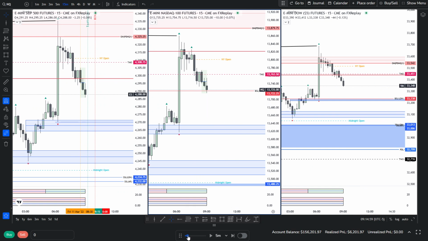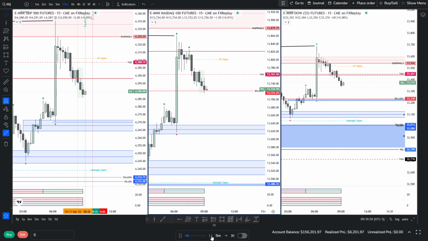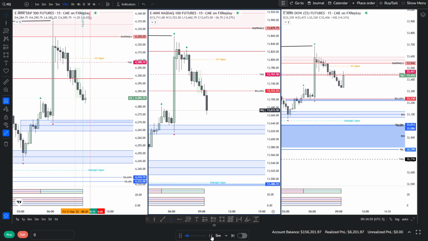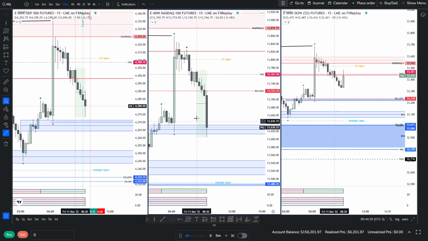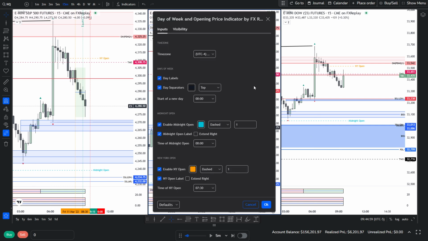Let me slow this down a tad more. Let's go to equities open. Certainly, this is just. This is baffling me. Sorry, but it just is. Like, how has it got a midline?